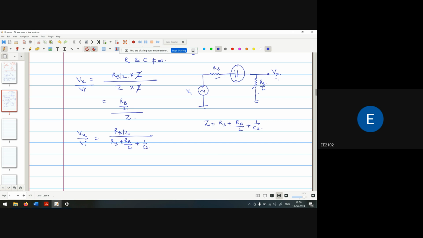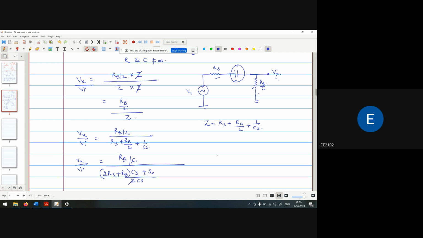Now if I take the LCM, what is the value of Vx upon Vi? Rb by 2 upon 2Rs plus Rb, multiplied by Cs, plus 2.